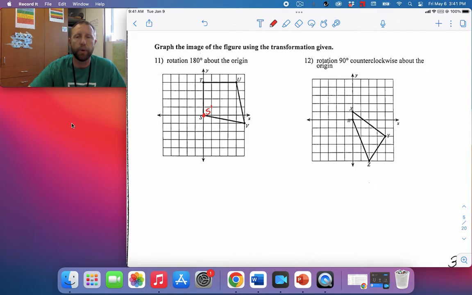The point I'll start with after S, let's start right here. Let's start with V. So V, for that to go 180 degrees, it's got to go 2 quadrants. Right? It doesn't matter what direction. Notice for 180 degrees, they didn't say a direction. Okay, I'm going to go clockwise.